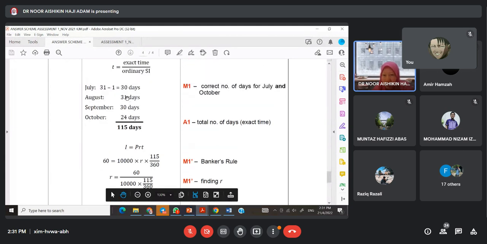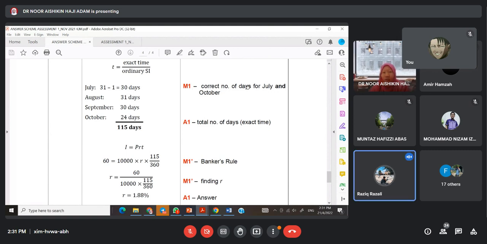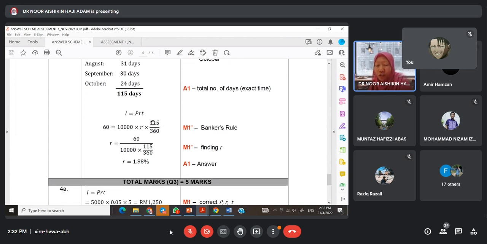Katalah you salah dekat bulan Julai, you don't get M1 because it's stated here: if you give the correct number of days for July and October, baru dapat 1 mark. So total number of days pun you tak dapat markah.